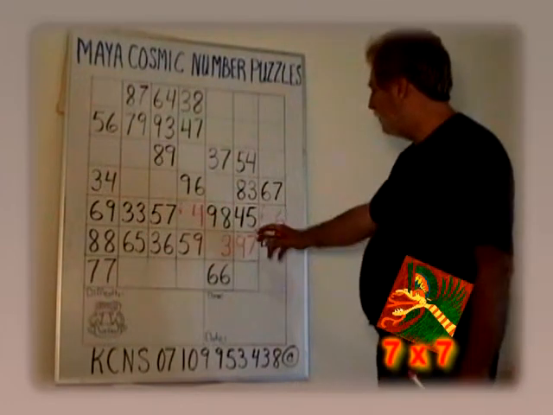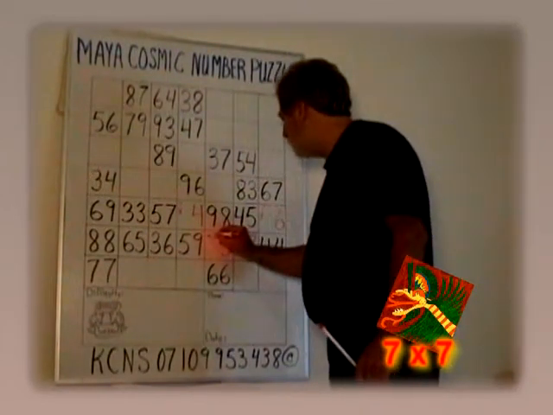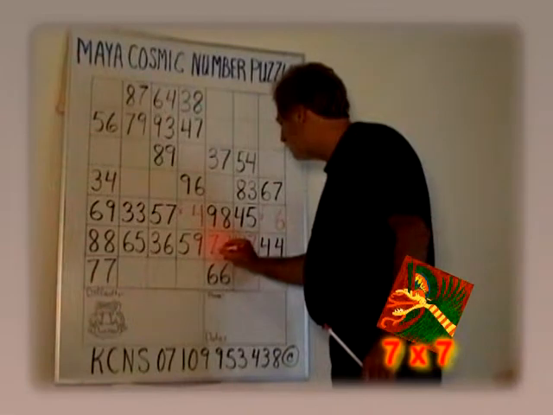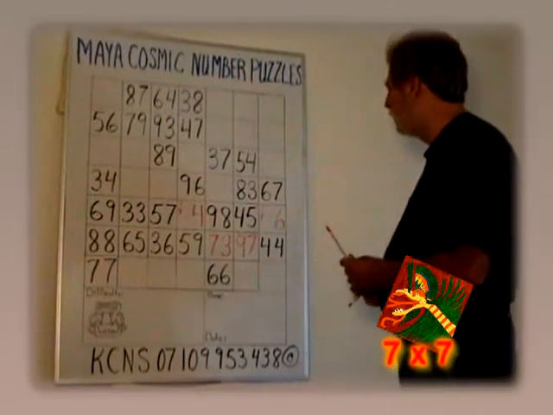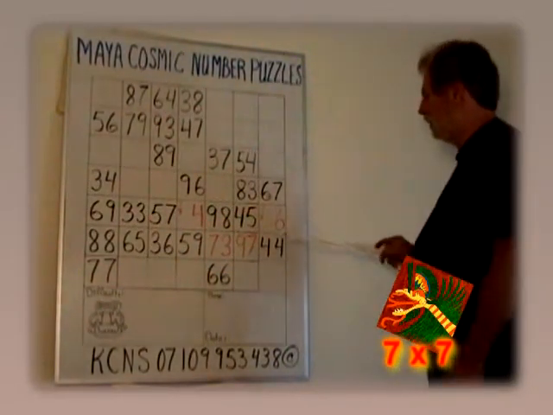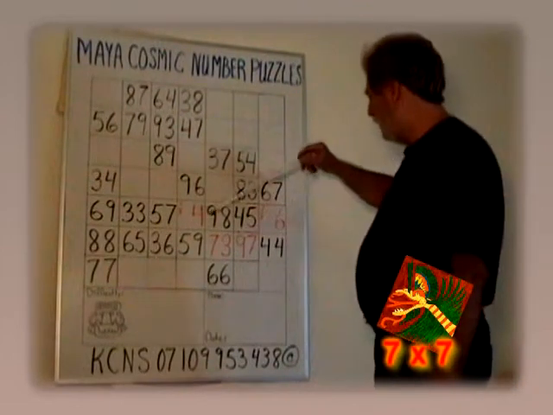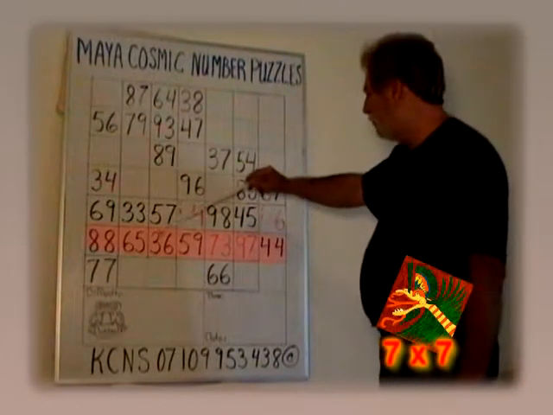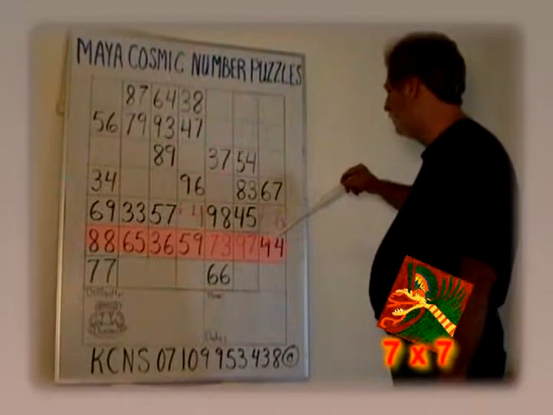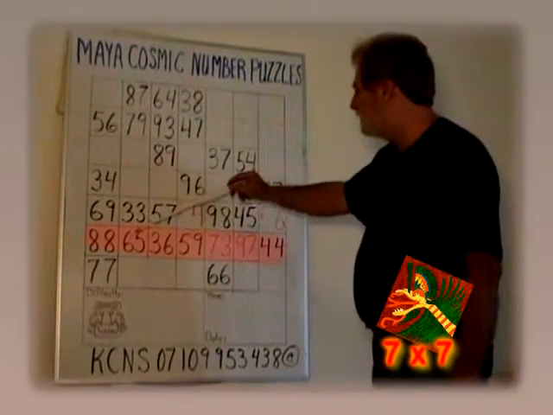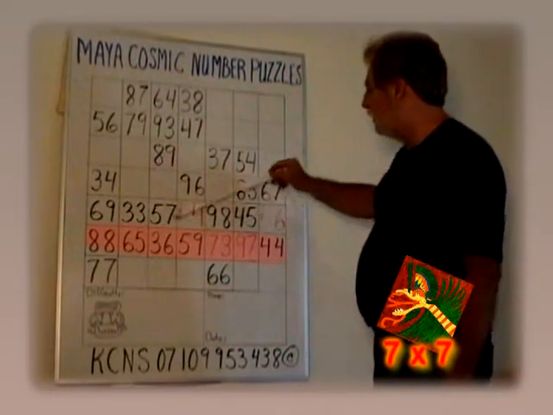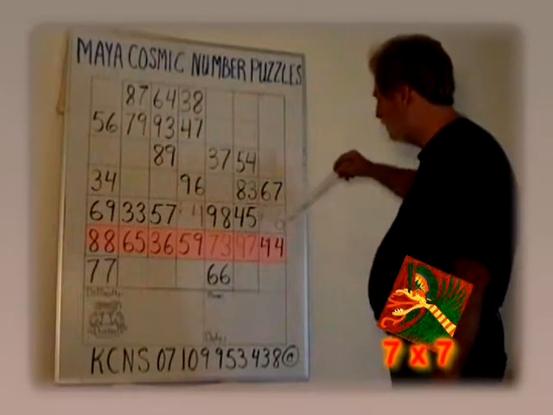And if the 9 goes here, then the 7 must go here. That way we have a 3, a 4, a 5, a 6, the 7, and the 8 to complete that row.